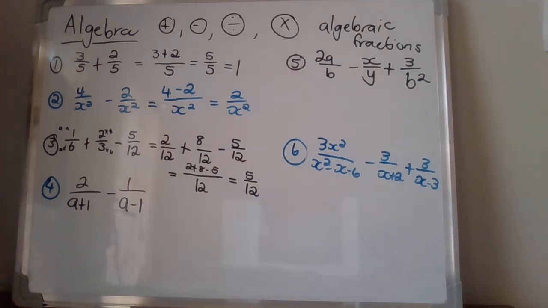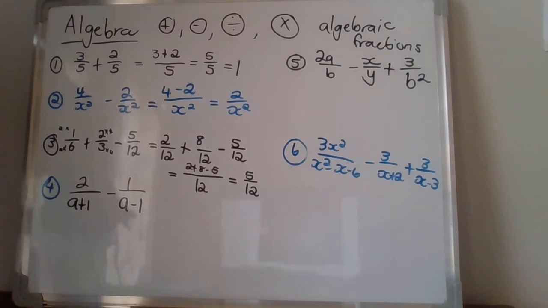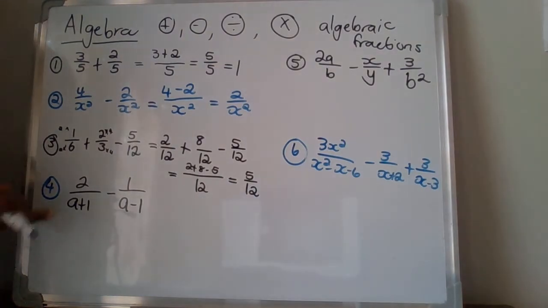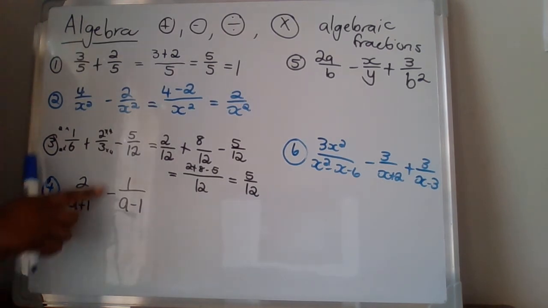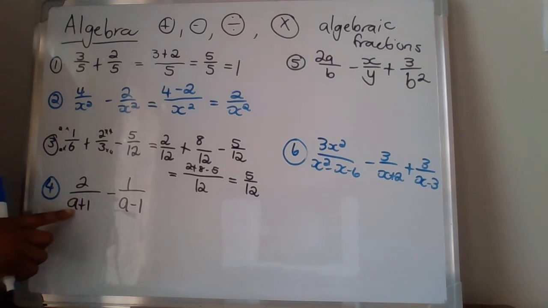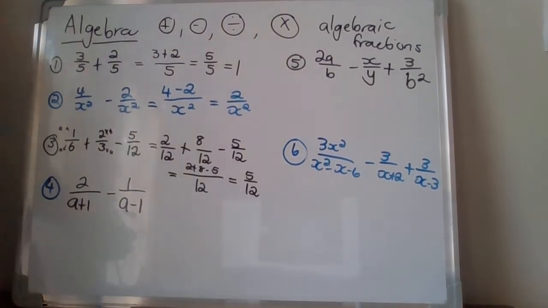All right, moving on to number 4. Number 4 is the same principle. I need to make sure that both my terms have the same denominator. And because the denominators are not the same, then I need to make sure that I have a lowest common denominator, which implies then that both terms have to have the same denominator, which is a plus 1 times a minus 1.